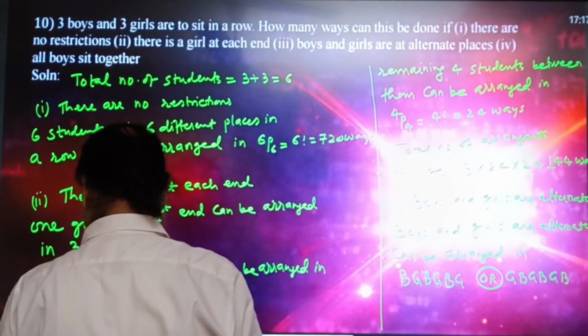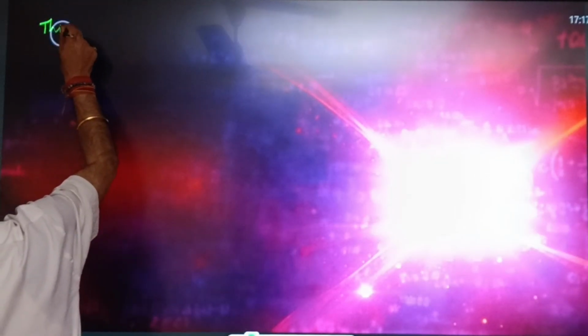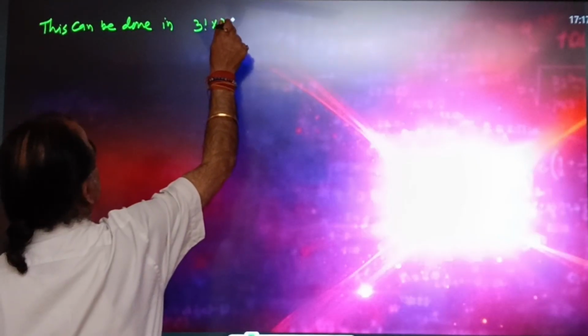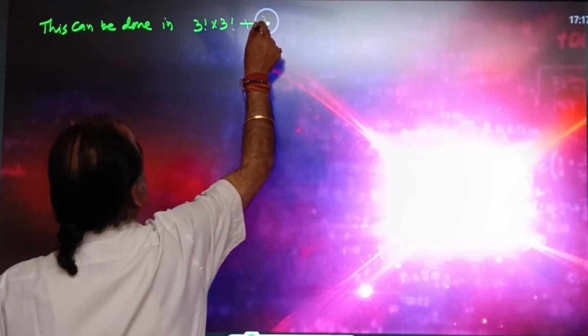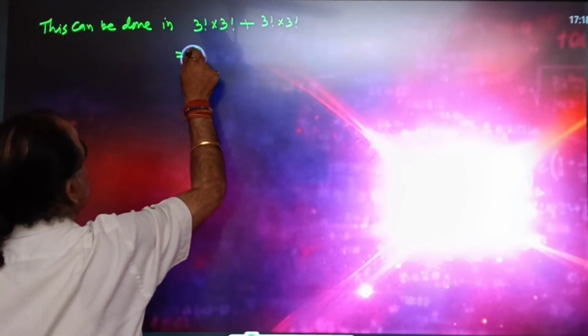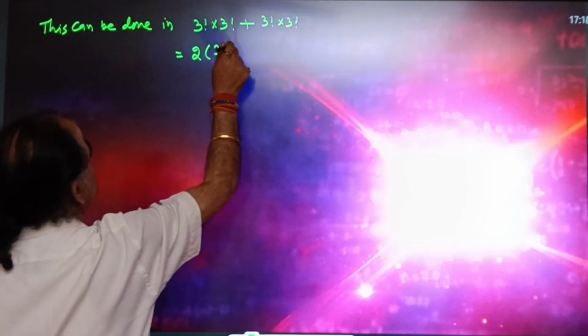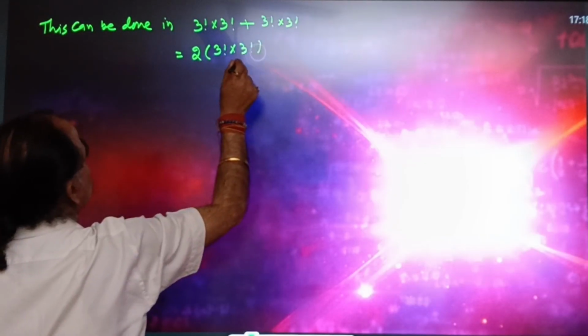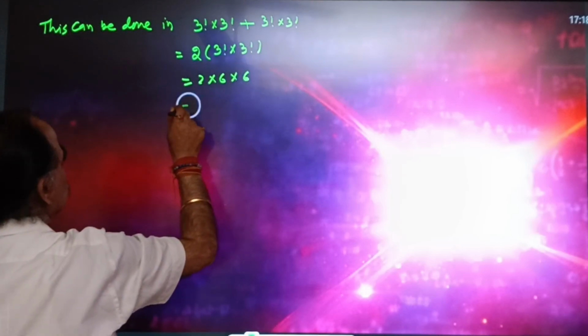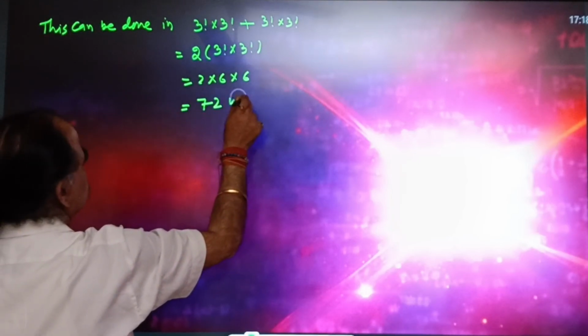This can be done in 3 factorial into 3 factorial plus 3 factorial into 3 factorial is equal to 2 times 3 factorial into 3 factorial, 72 ways.